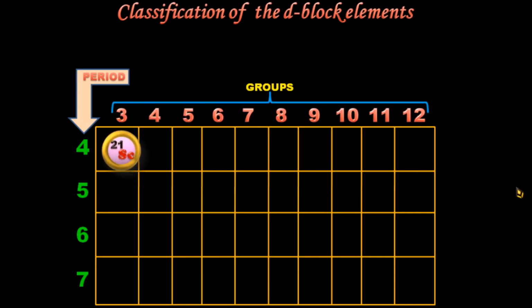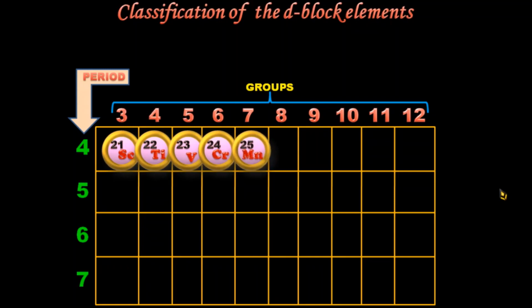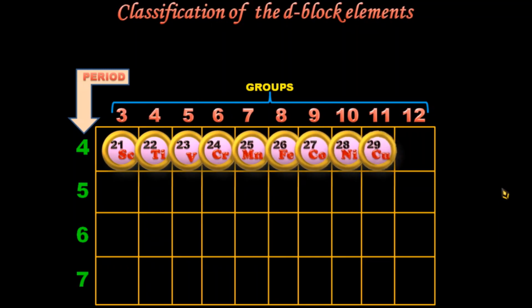The first transition series starts from scandium, titanium, vanadium, chromium, manganese, iron, cobalt, nickel, copper and zinc. This is our first series, in which the electron enters the n-1 d, that is the d orbital of the third shell.